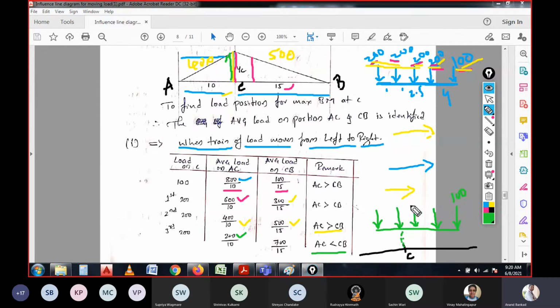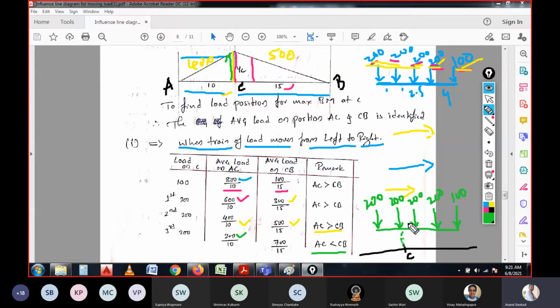The 100 kilonewton and the 200 and another 200 are all passing to the section CB, the third 200 kilonewton should be acting on C, and the remaining 200 kilonewton is on the span of AC. If you have this load acting on C, then you will be able to calculate the maximum bending moment, right? So this is the explanation. Now the same thing will be written in the diagram and then the bending moment calculated.